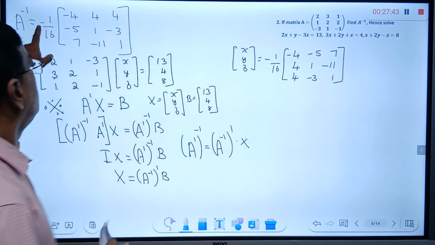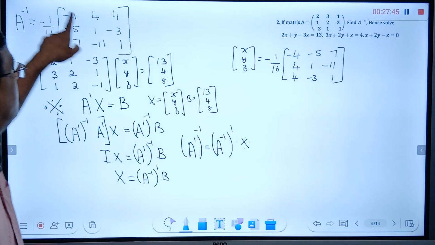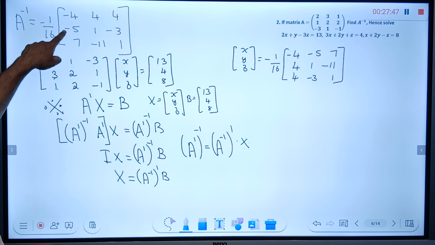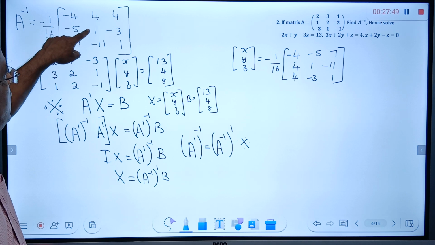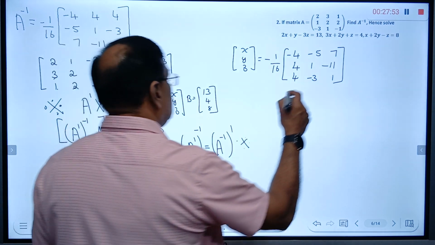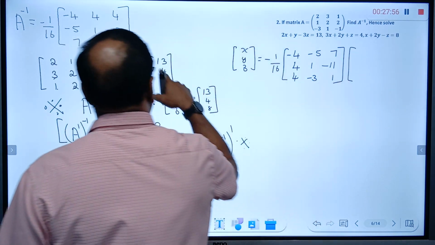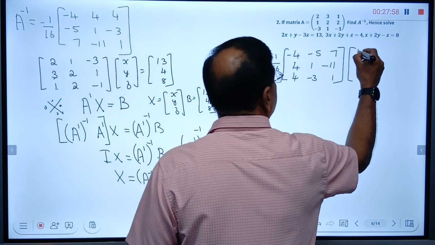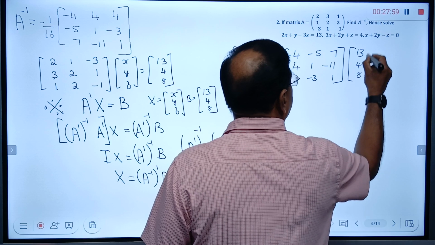See? Actually, it's a cofactor. Okay? So, minus 4, minus 5, 7, 4, 1, minus 11, 4, minus 3, 1, into, what is the constant B? The B is the column matrix, that is 13, 4 and 8.